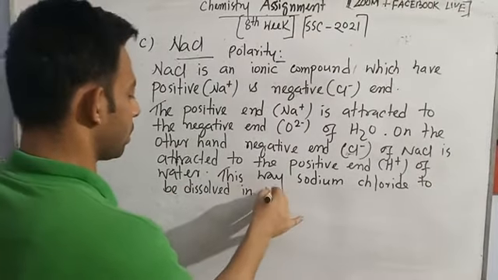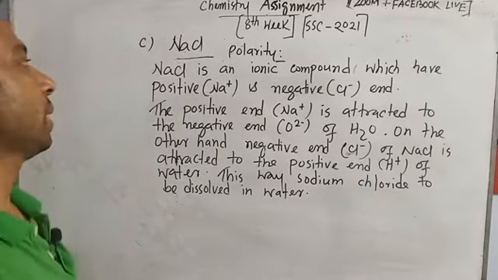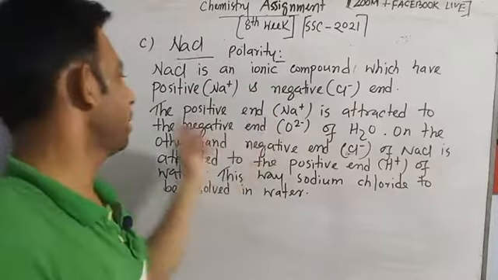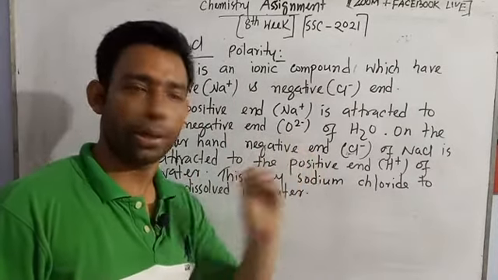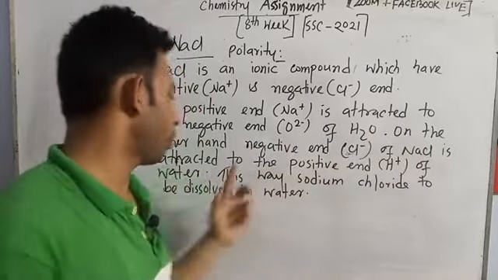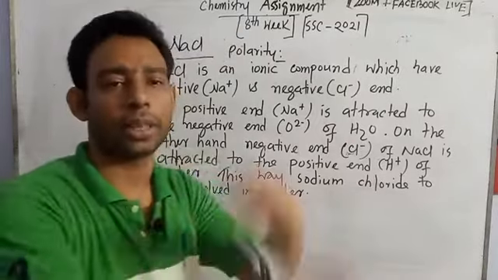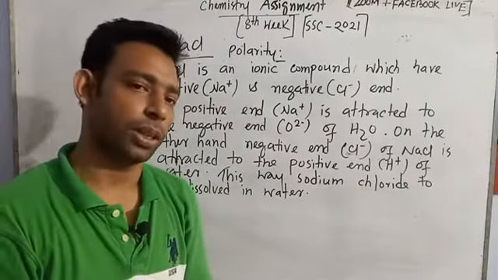Sodium chloride is an ionic compound with a positive end and a negative end. The positive end is attracted to the oxygen, the negative part of the water. The negative end, the chloride, is attracted to the positive end of the water, and when they are attracted together, they mix and dissolve.